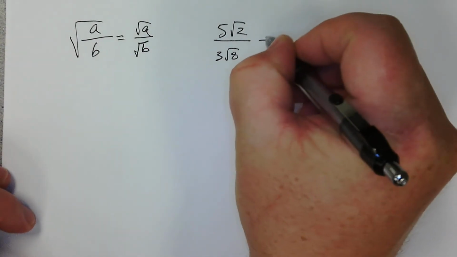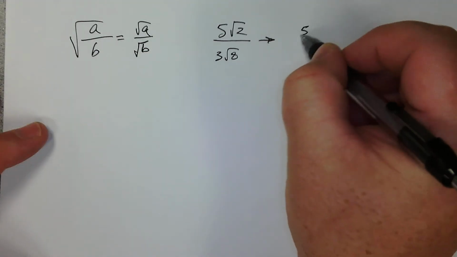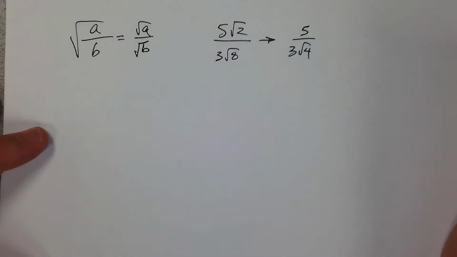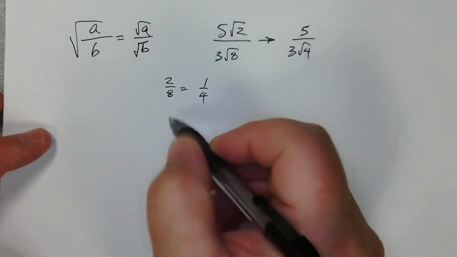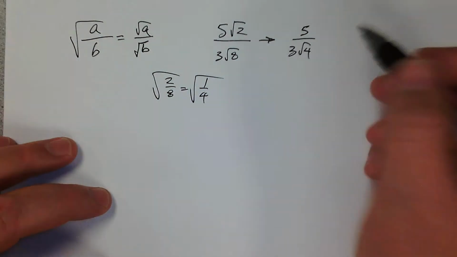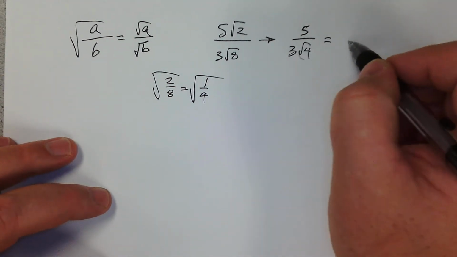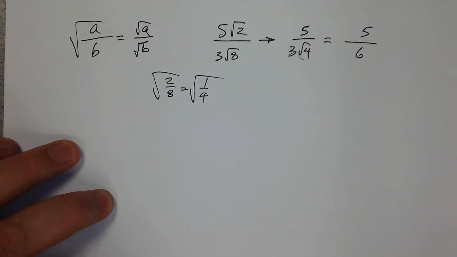You can change it however you want. And the thing is that you can reduce those. So this is 5 over 3 root 4. 2/8 is the same as 1/4. So the square root of 2/8 is the same as the square root of 1/4. The square root of 1 is 1. The square root of 4 is 2. There we go. Man, this is fancy.